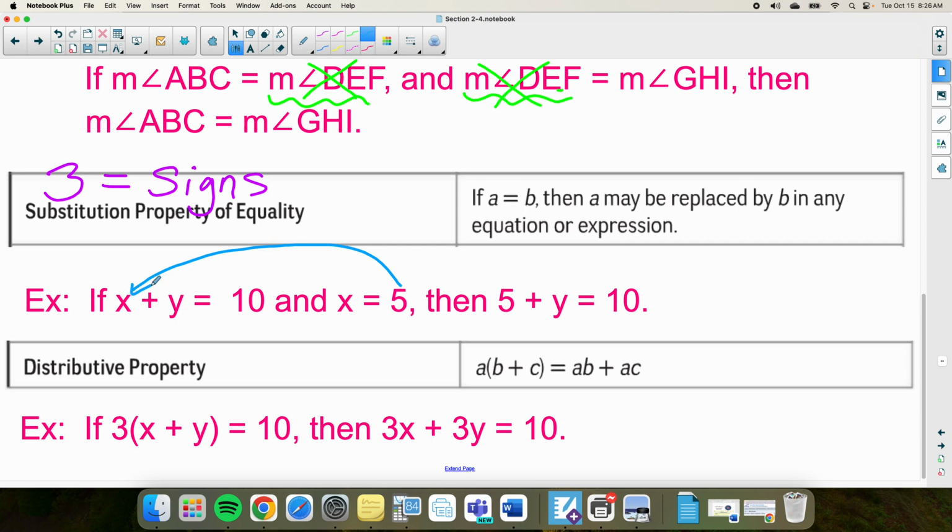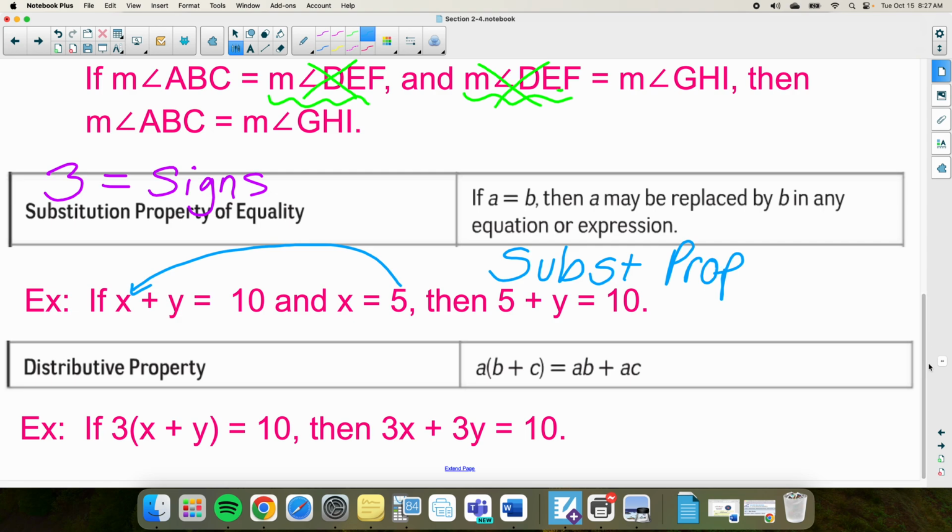That is what they did. So they just picked this x out and substituted 5 in there and got this. When you abbreviate substitution, you're going to go SUBST prop. Okay.